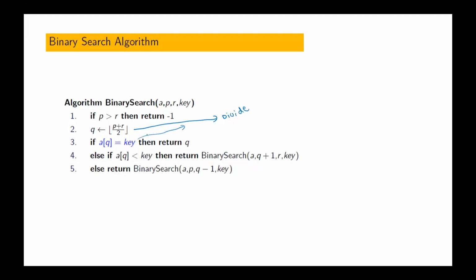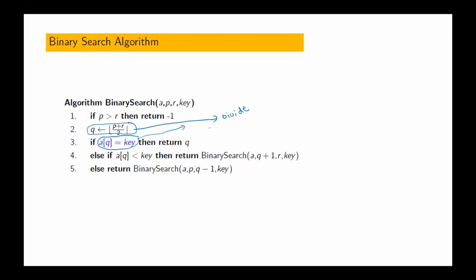After this, the array is automatically divided. So this is actually the amount of work we are doing in the divide step. You can consider that also. Is that correct?